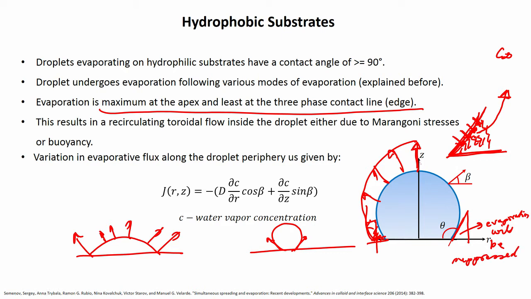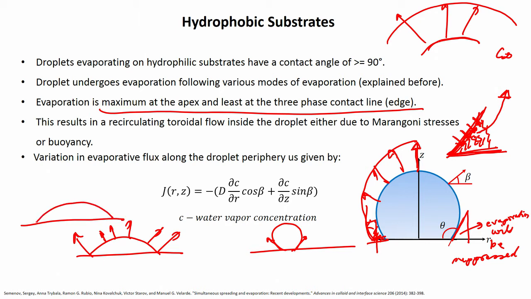Whereas if you look at the curvature at the top, okay, you can see that it has got now the full free field basically to evaporate, right. So there is no problem now. So it can evaporate at whatever rate it wants, because there is no constriction, there is no wedge there. Now in the case of a hydrophilic droplets, you can ask why it does not happen, because here it is an open wedge.